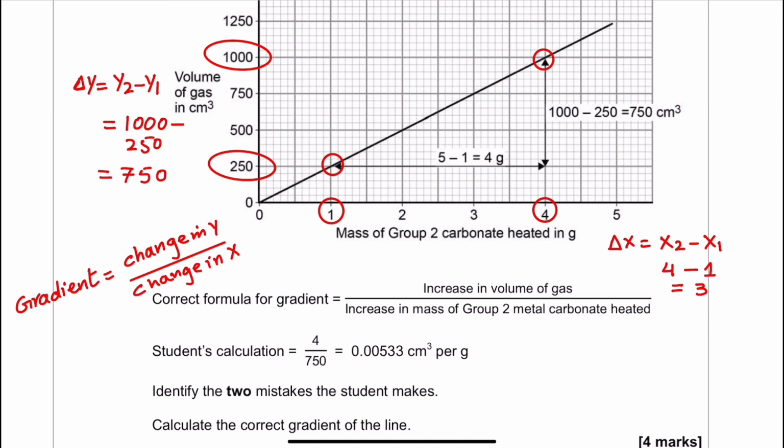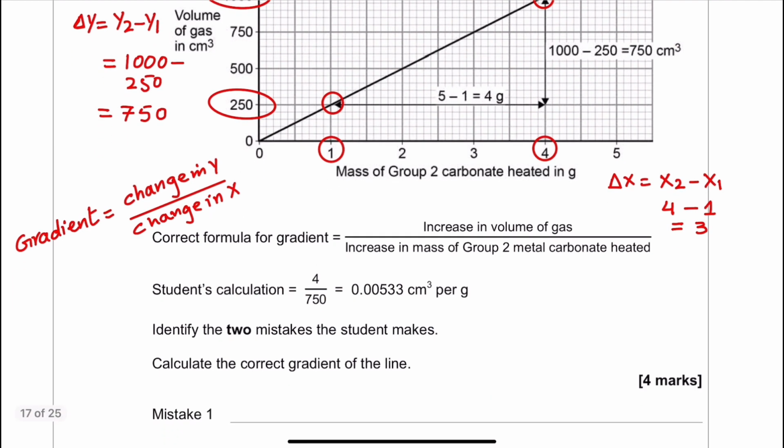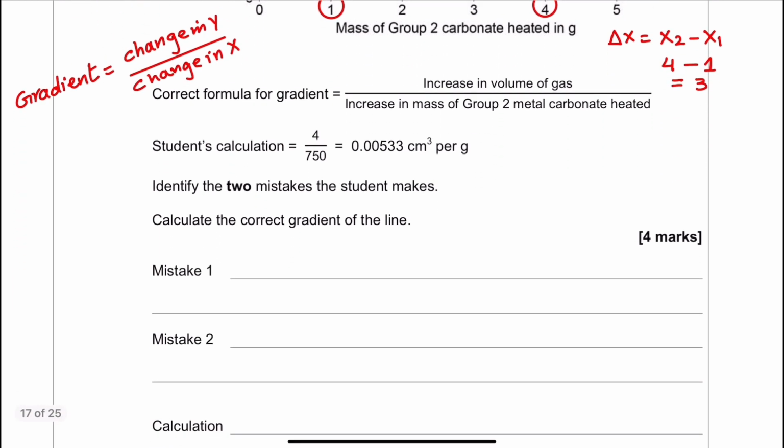Change in y is 750, whereas change in x is actually 3. The change in y must be in the numerator, and change in x must be in the denominator. So the two mistakes which are highlighted, first of all, that is 4 minus 1, that is equal to 3.